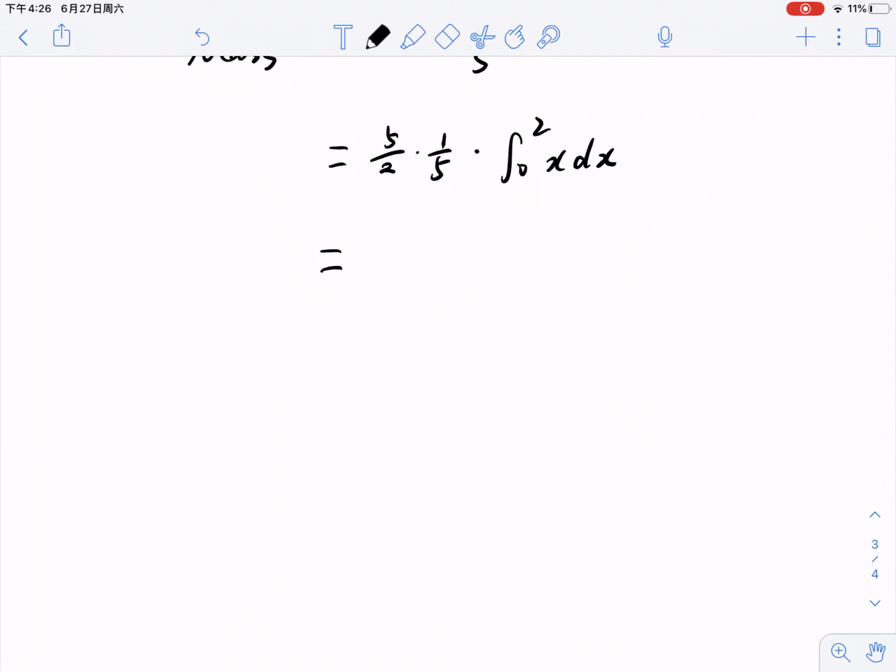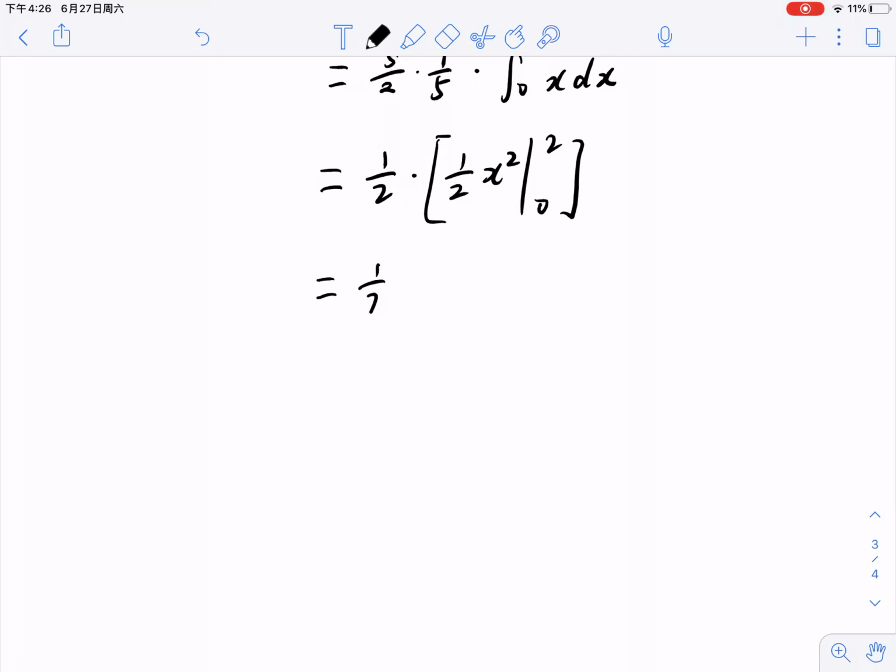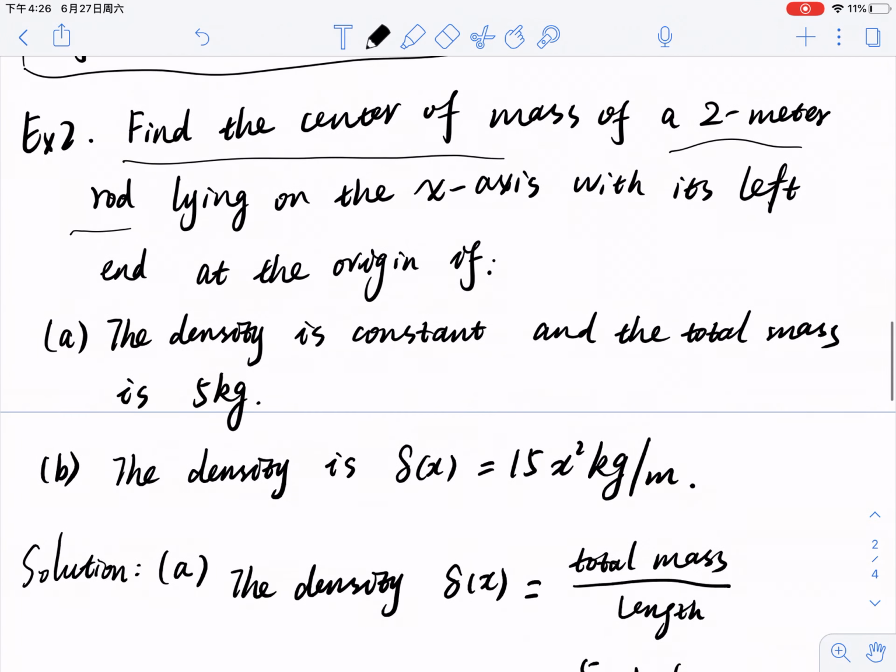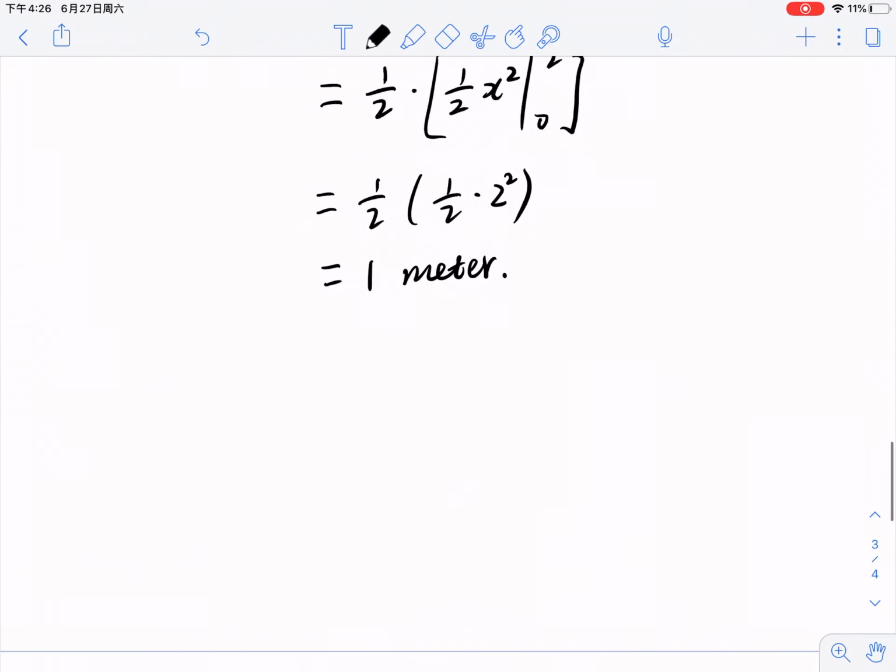So it's 1/2 times 1/2 x squared, x from 0 to 2. This is 1/2 times 1/2 times 2 squared minus 0, so this is 1 meter. So this is question A. If the density is constant and the total mass is 5 kg, the center of mass is 1 meter.